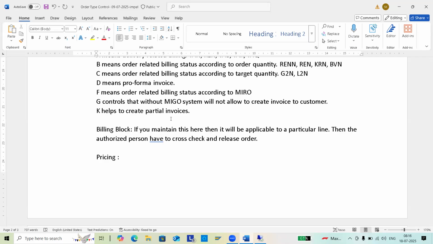This field controls whether the line item is applicable or relevant for pricing or not.